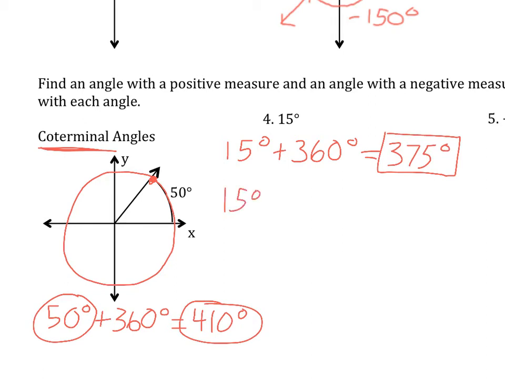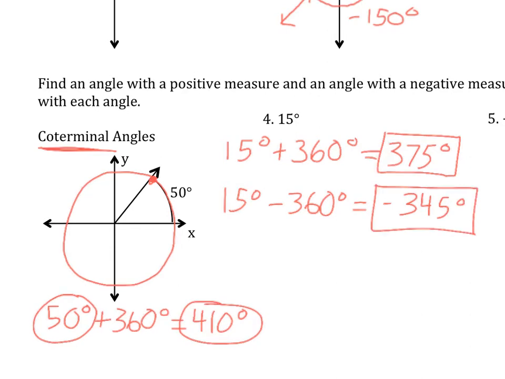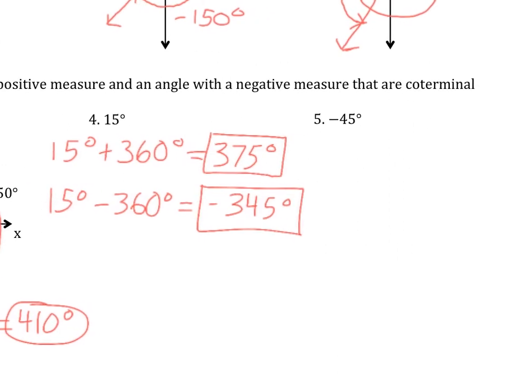And to find a negative angle, I could subtract 360. So anytime you're on a circle, if you add 360, you'll end up in the same spot, and if you subtract 360, you'll end up in the same spot.